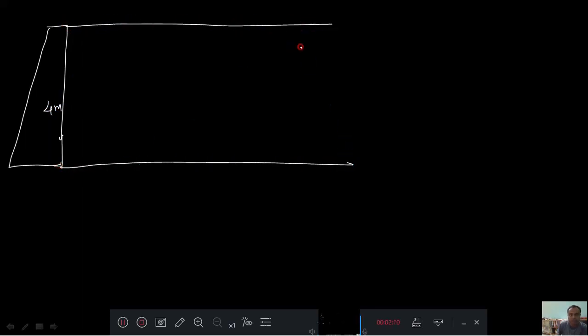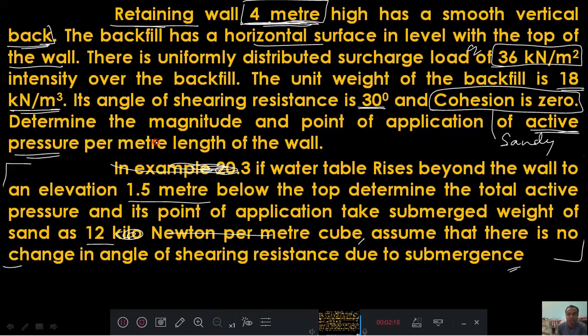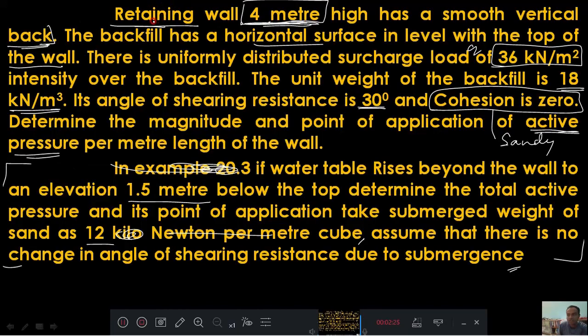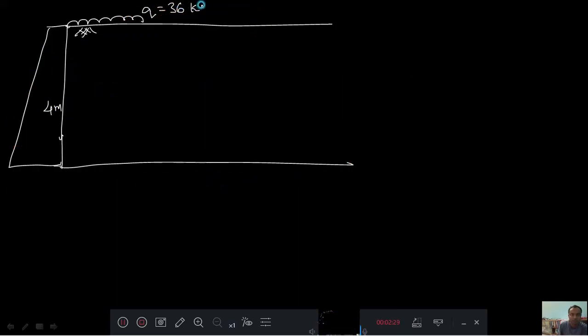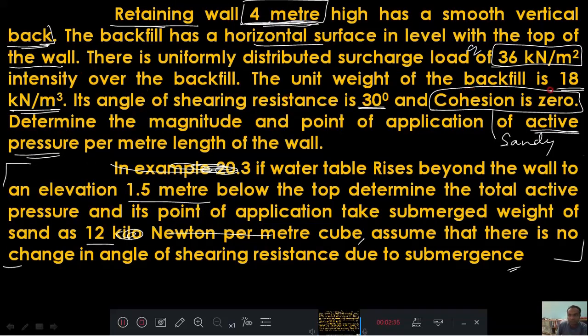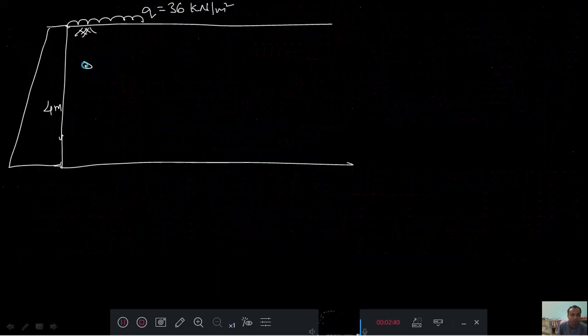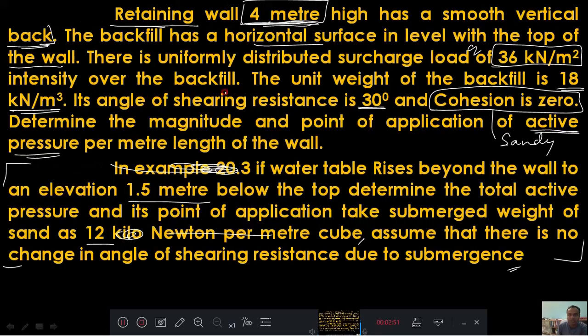The backfill has a level, that is horizontal, surface. There is a surcharge Q, given as 36 kilonewton per meter square, and some soil properties are given: the dry density is 18 kilonewton per meter cube, and the phi value is 30 degrees. This much data is given in the first half, and that we will solve.